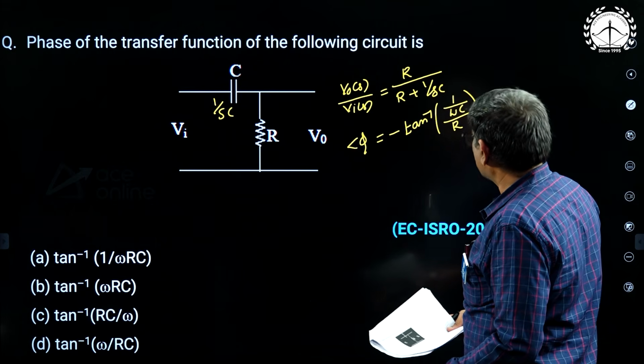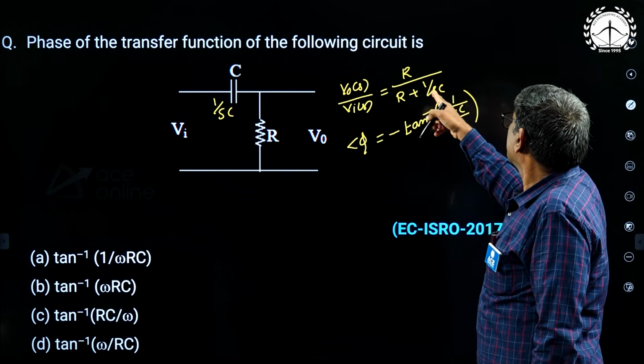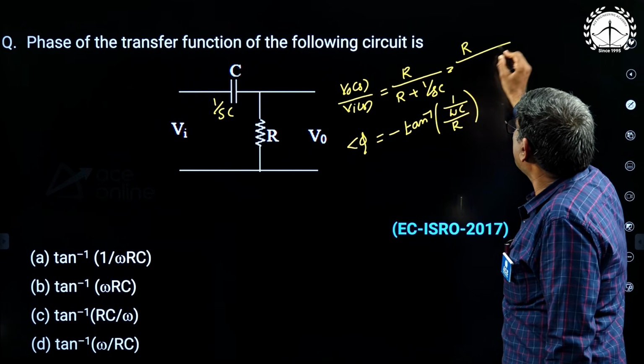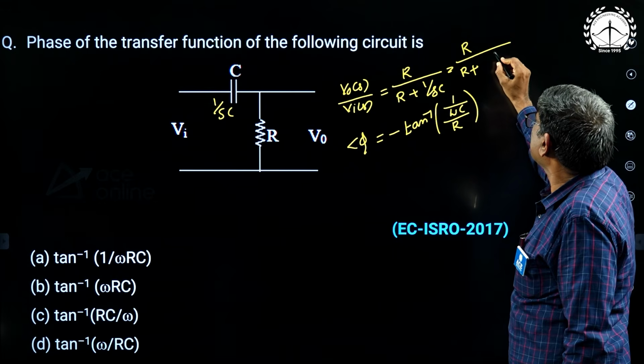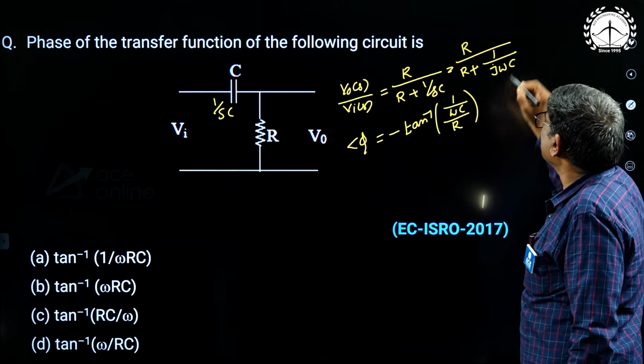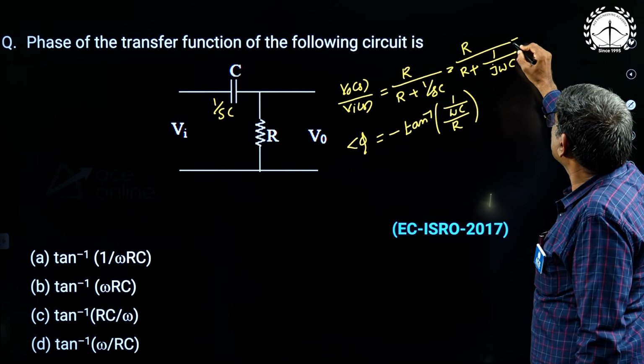Yes, correct. So here the denominator is R, so R divided by R plus, S replaced by j omega, 1 by j omega C. But here the j should be brought to the numerator. So what should I write?